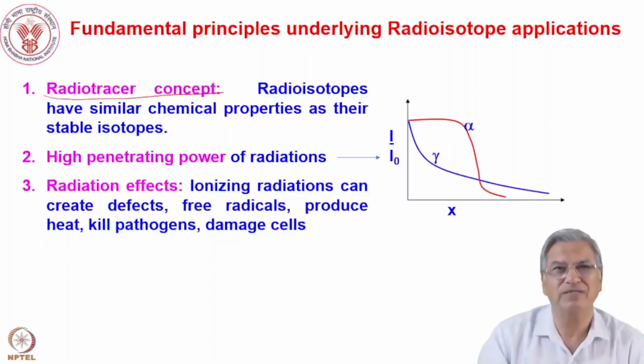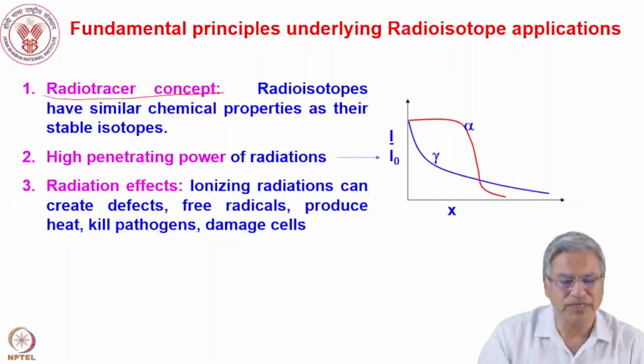Like sulfur containing chemicals, their reactions can be studied by sulfur-35 labeled compounds. In fact, many of the reaction mechanisms have been understood using radio tracers, isotope labeled compounds. So we will discuss that applications in many areas.